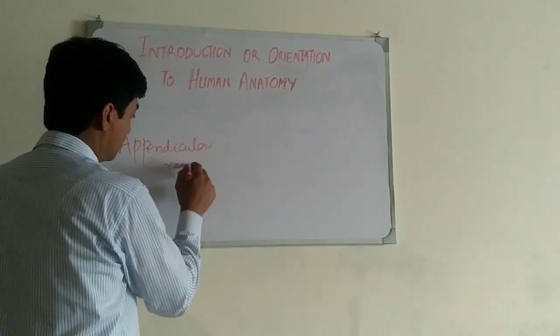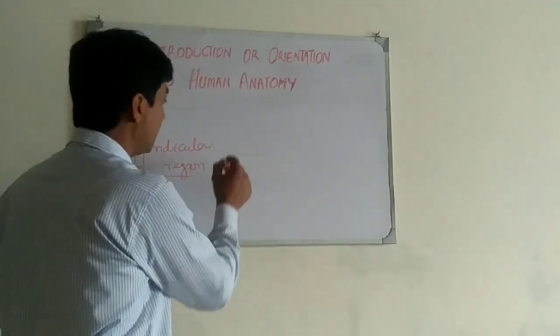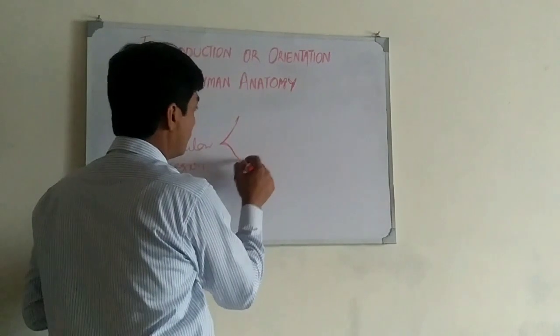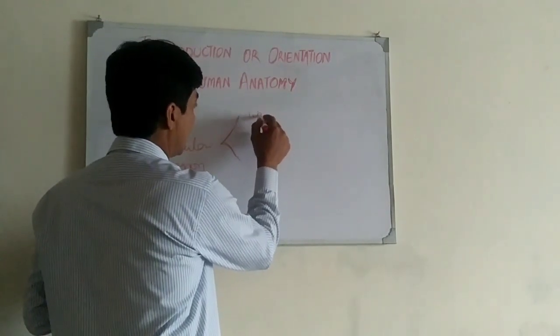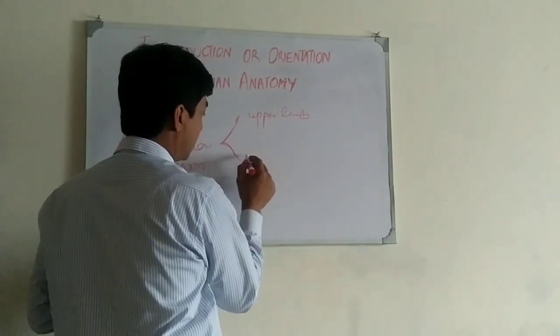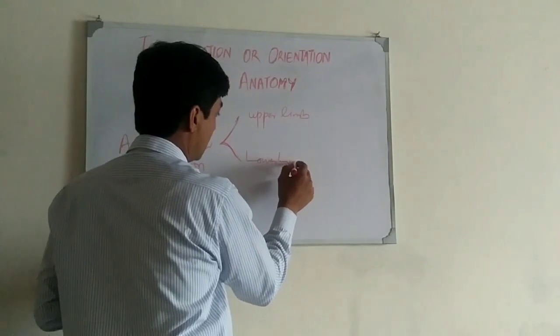region. The appendicular region is divided into 2 portions. One is the upper limb and second is the lower limb.